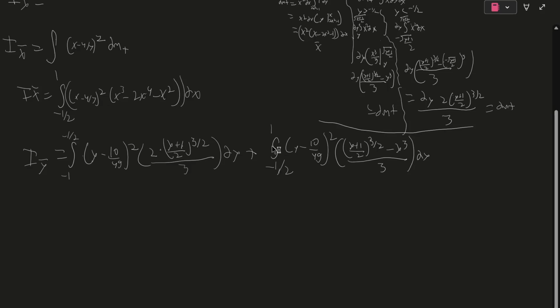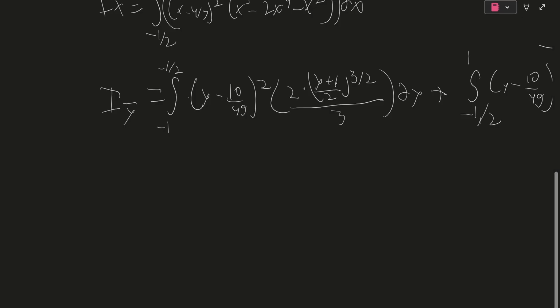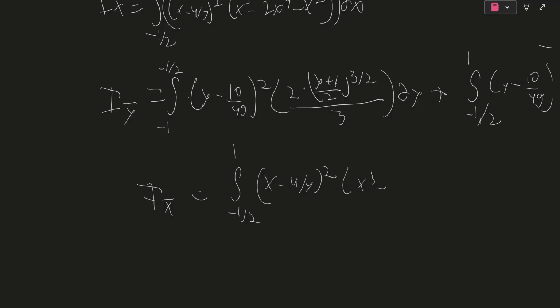Alrighty. So we'll go ahead and do the moment about the x-axis first. So we have x bar, moment about the x-axis, or about our x center of mass, is equal to the integral from -1/2 to 1 of x minus 4/7 squared times x cubed minus 2x to the 4th minus x squared dx.